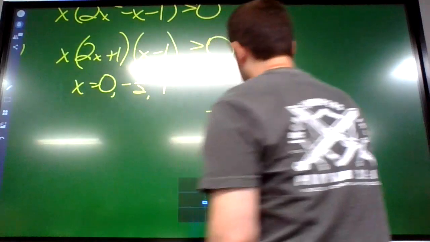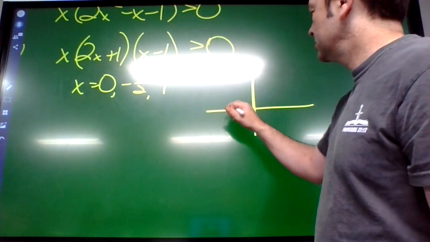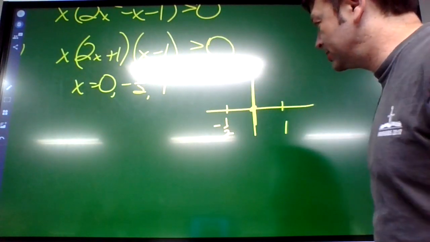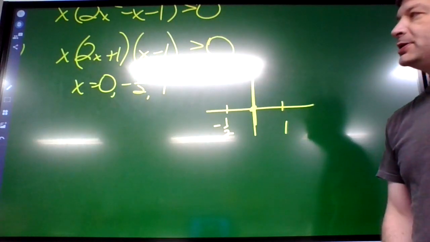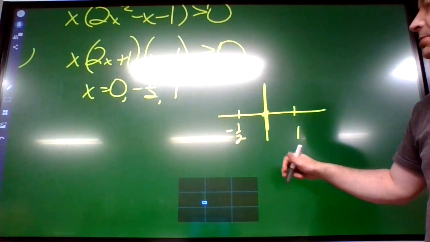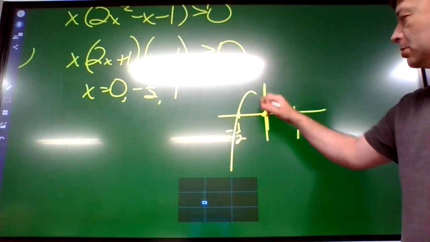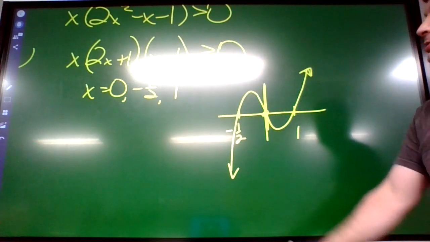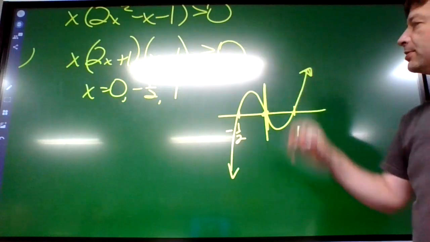Alright, what x values? So on the graph, we have -1/2 is over here somewhere, 0 of course is in the middle, 1. What shape does a cubic function take? Squiggle, the official title. Okay, so where is it greater than 0?